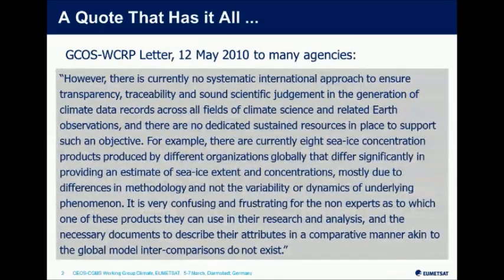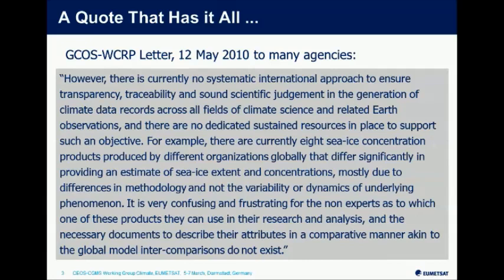Okay, so the motivation. In this GCOS WCRP letter to many of the agencies which develop climate data records, they say that there is currently no systematic international approach to ensure transparency, traceability, and sound scientific judgment in the generation of climate data records.